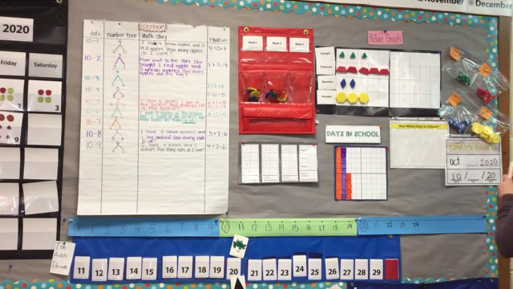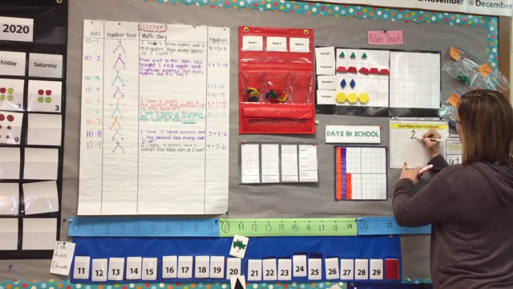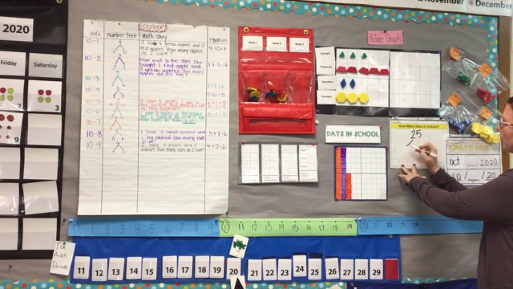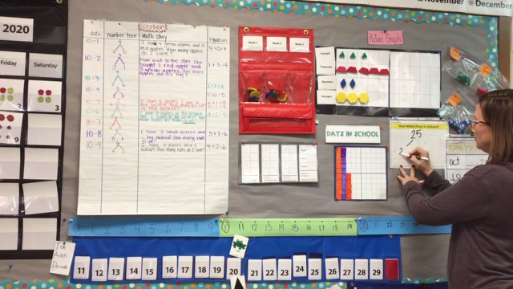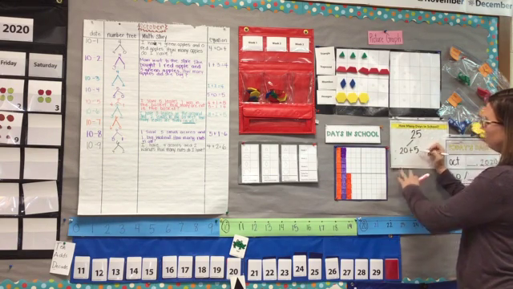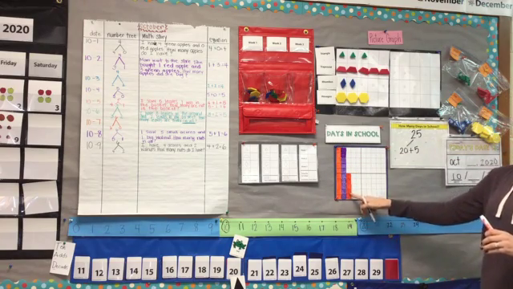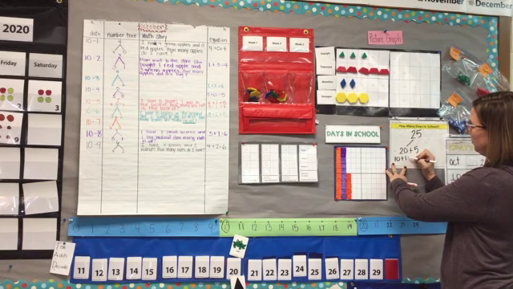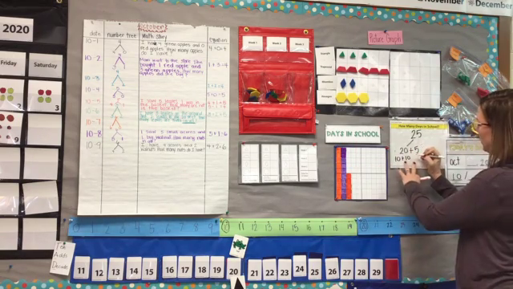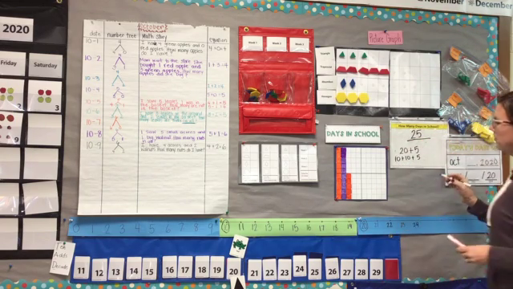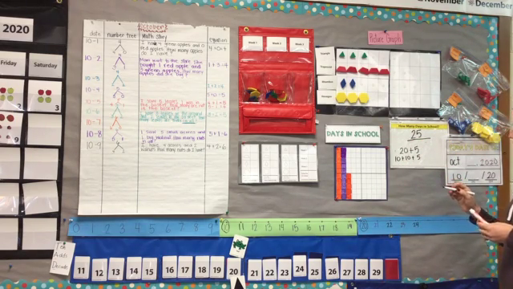So we can write that over here. And we know that the number 25 can be broken down into 20 plus 5, right? 2 groups of 10 makes 20. So I could write 10 plus 10 plus 5 more. That would make 25, okay?